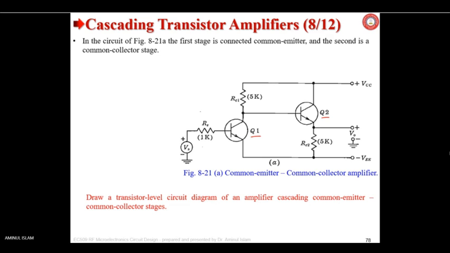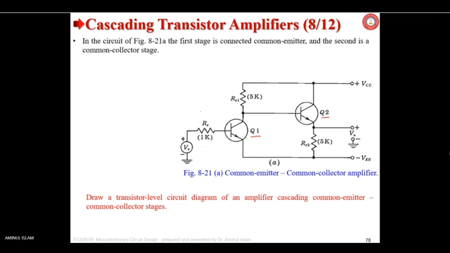Here is the same circuit, only redrawn in a different way. Of course, biasing voltages are not given here. They are hidden to show the circuit a little more simply, otherwise if you connect the voltages, it will be difficult to draw and clumsy.